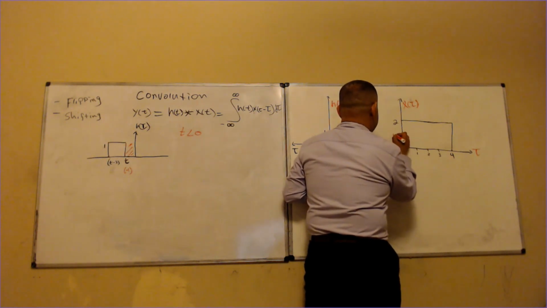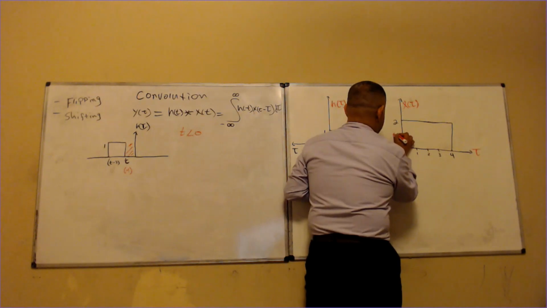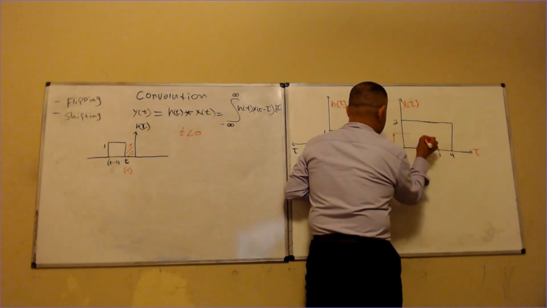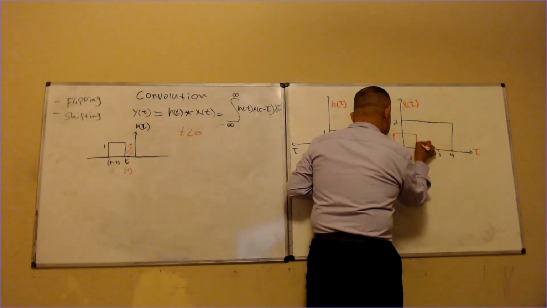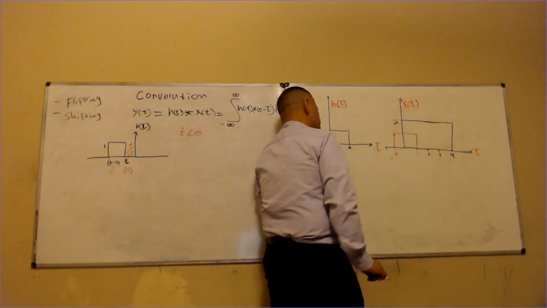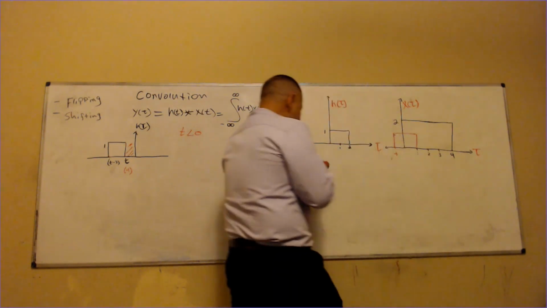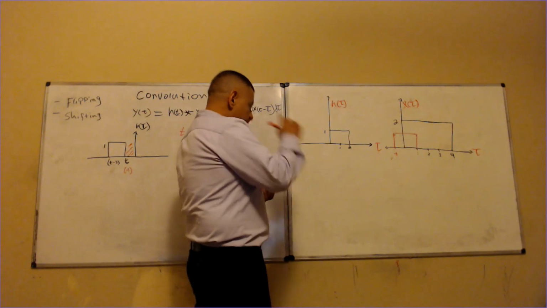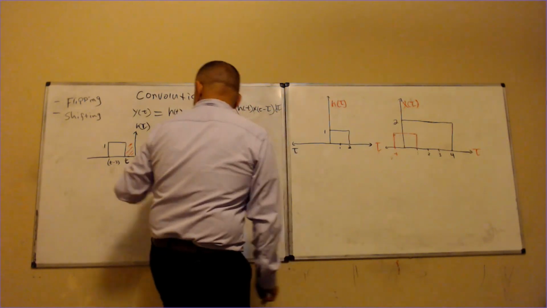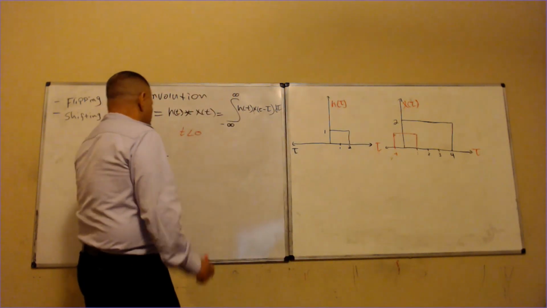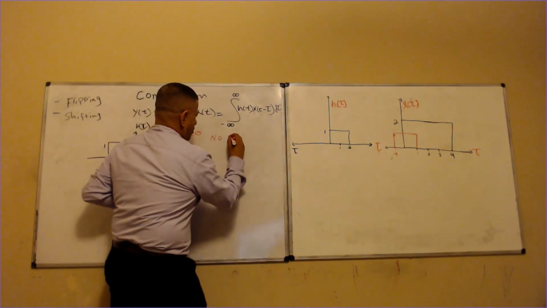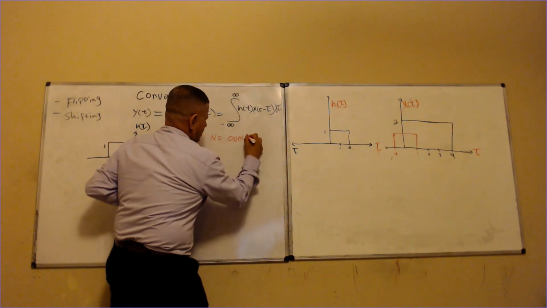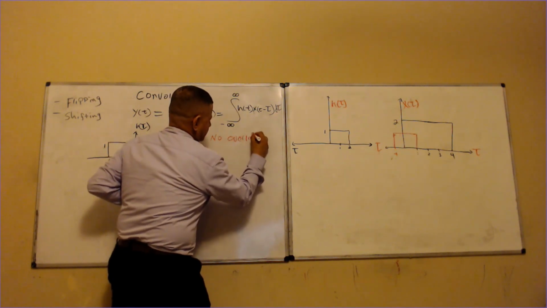So maybe like that, and then I go across to 1, to that point. Now, you can see that right now I have an overlapping. So this is where I need to pay attention. Over here with no overlapping, t is less than 0, no overlapping.